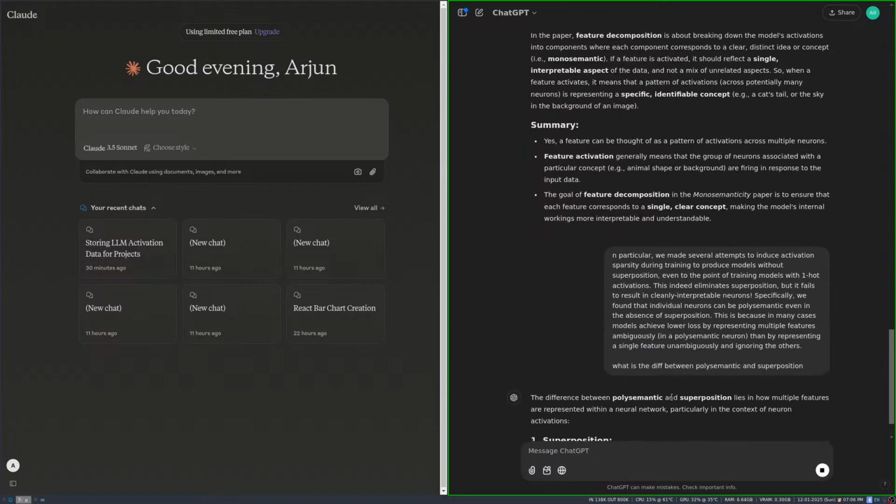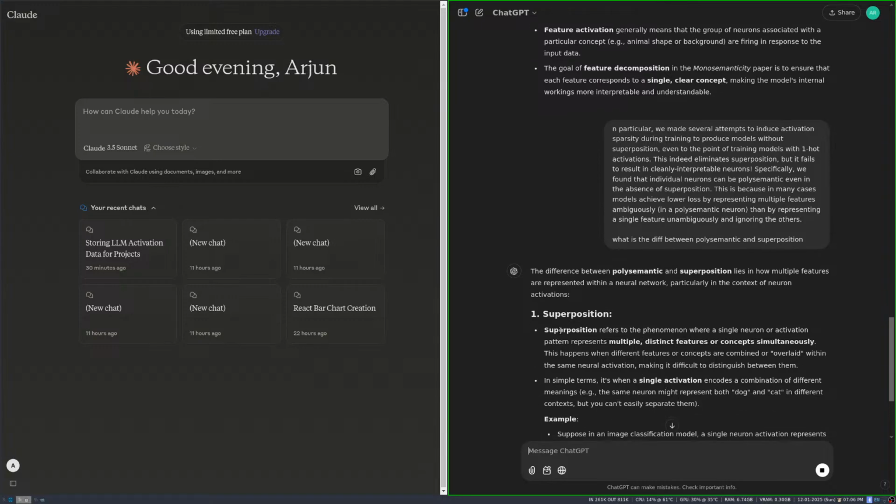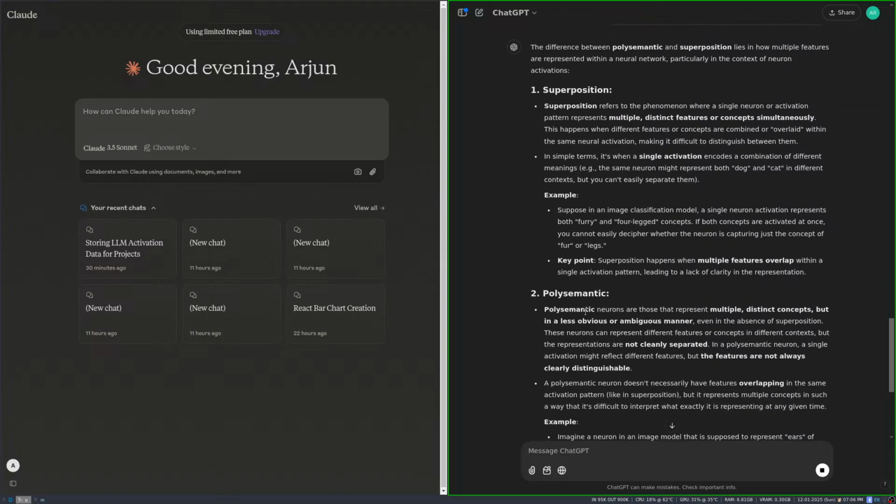Okay, superposition refers to the phenomenon where a single neuron activation represents multiple distinct features. Polysemantic neurons are those that represent multiple distinct concepts but in a less obvious and ambiguous manner. Oh, okay.